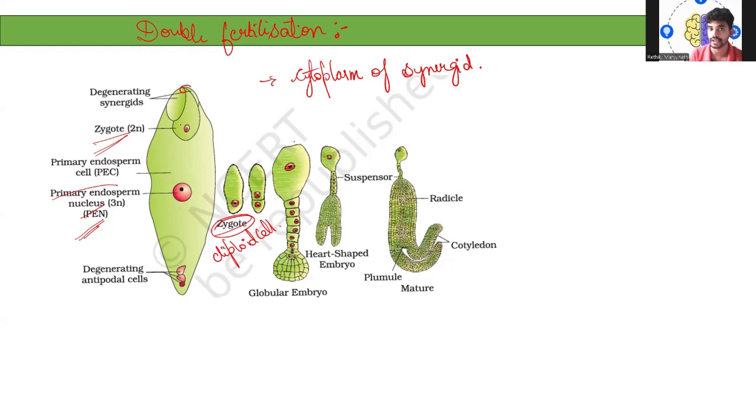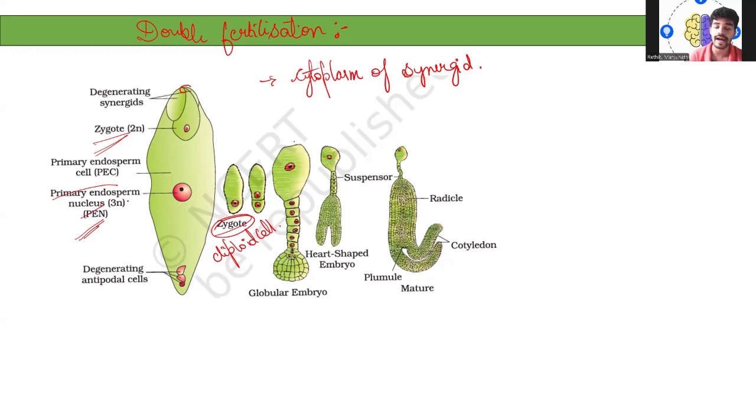Second, another nucleus moves to the central cell, where we already see the two polar nuclei, fuses with them, and starts producing the triploid primary endosperm. Because in the center we already have two nuclei, and another one is from the male gamete. So three nuclei have been fused.